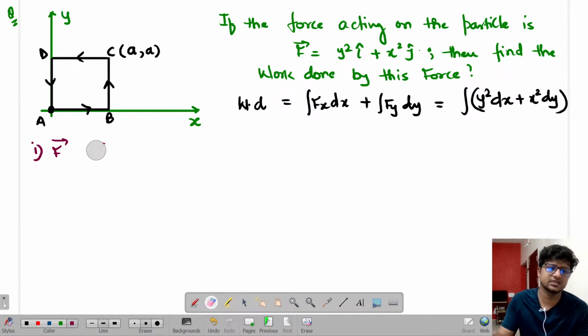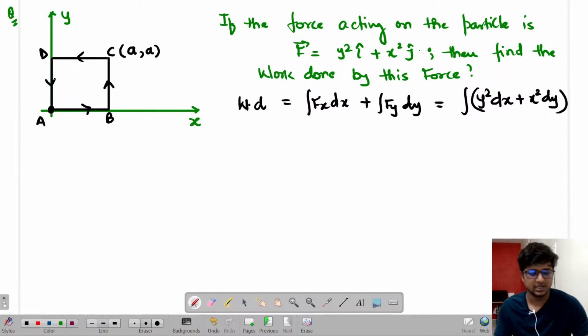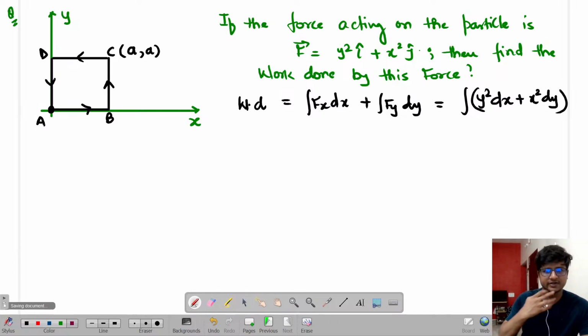First try this question, with y square dx and so on, and then we'll try with x square. So y square i cap plus x square j cap gives the equation y square dx plus x square dy. Correct.